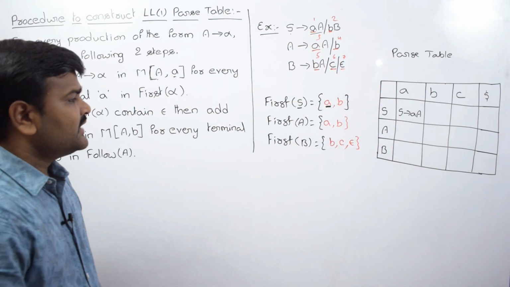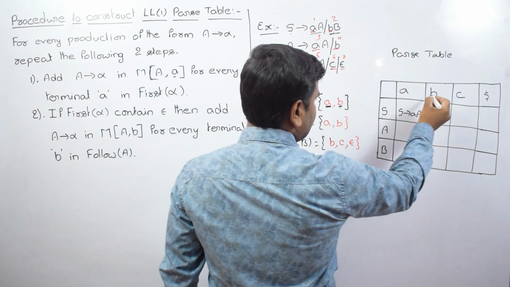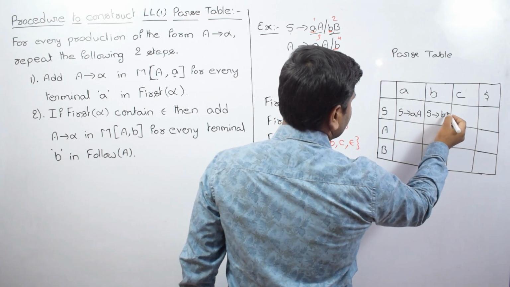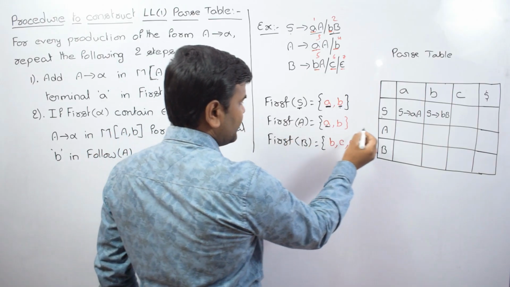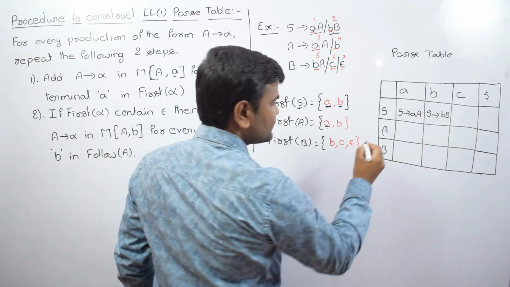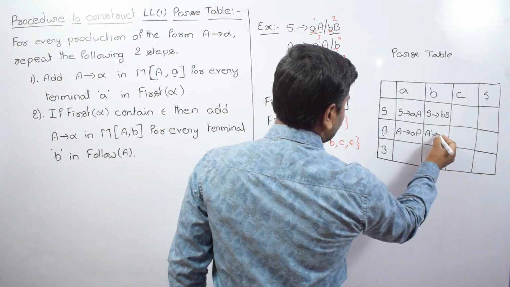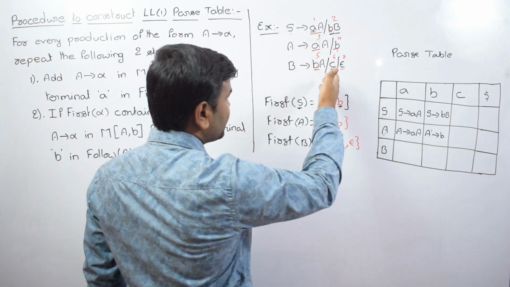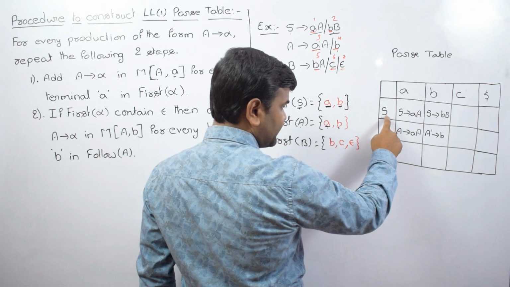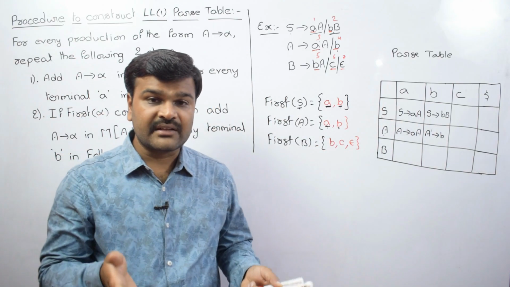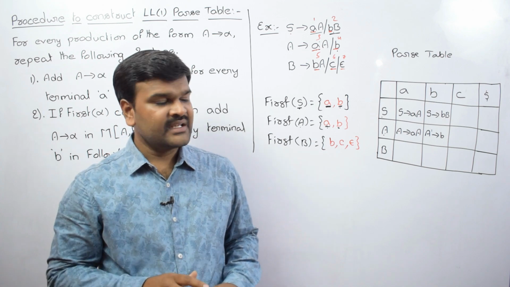Similarly, under S row and b column we add S arrow B capital B. Then A row, a column, we add A arrow a capital A, and in the b column we add A arrow B. Remember where you have to use these productions: whenever you have a terminal with a particular non-terminal, that grammar rule is used. So to construct the parse table we are basing it on the rules of the grammar.